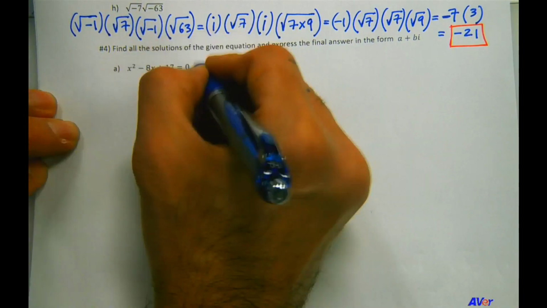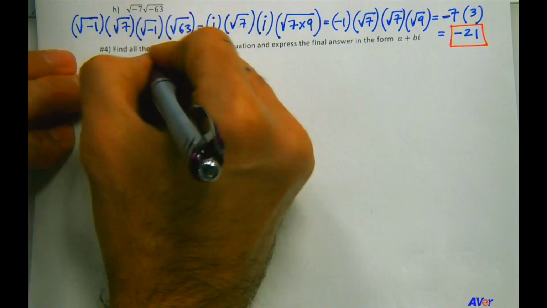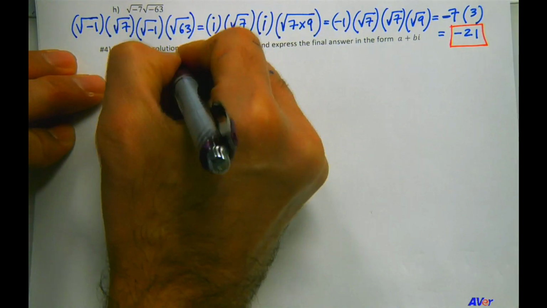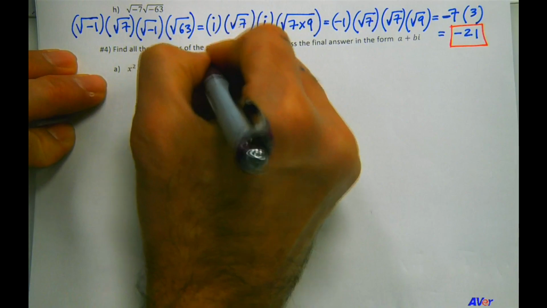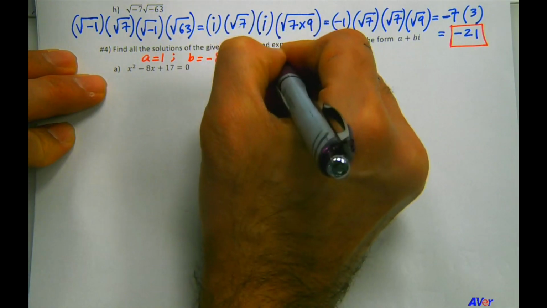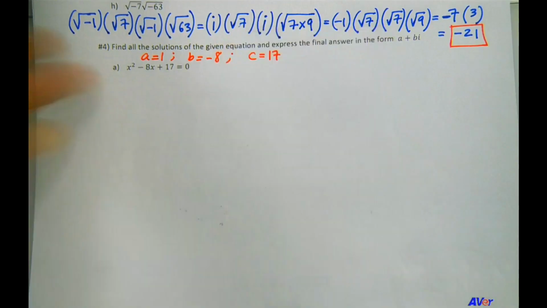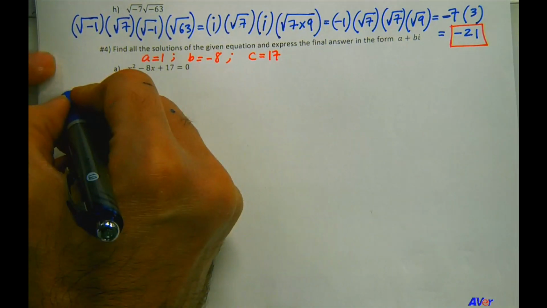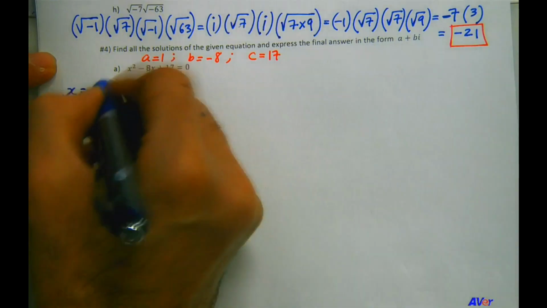So let me write that here. A is equal to 1. B is equal to negative 8. C is equal to 17. Okay, all right, so let's plug into the quadratic formula.